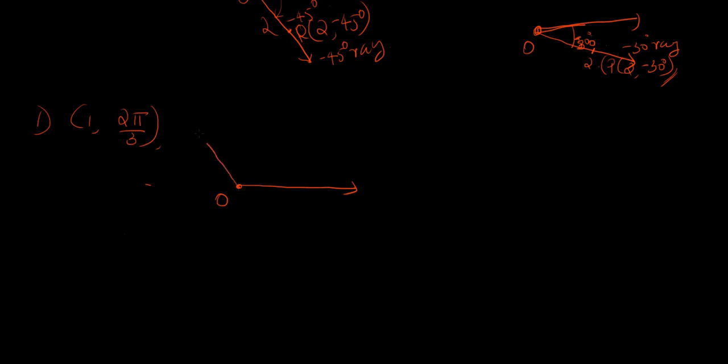So suppose this is 120 degrees. This is positive, so we have to measure in the positive sense, that is, counterclockwise. This is the 120 degree ray, right? On this, measure a distance of 1. So this is the point P(1, 2π/3).